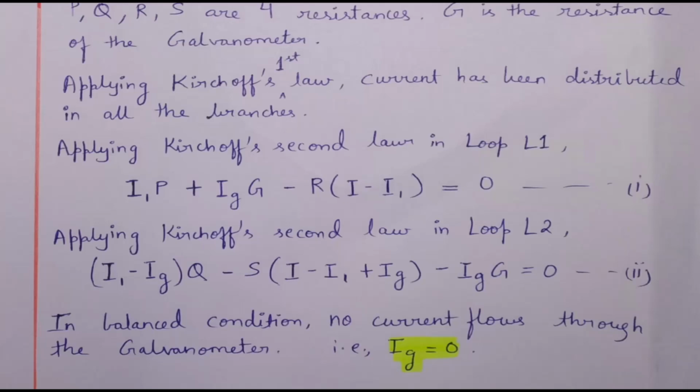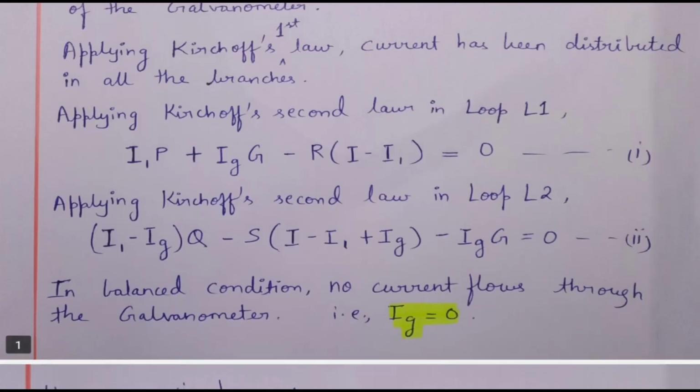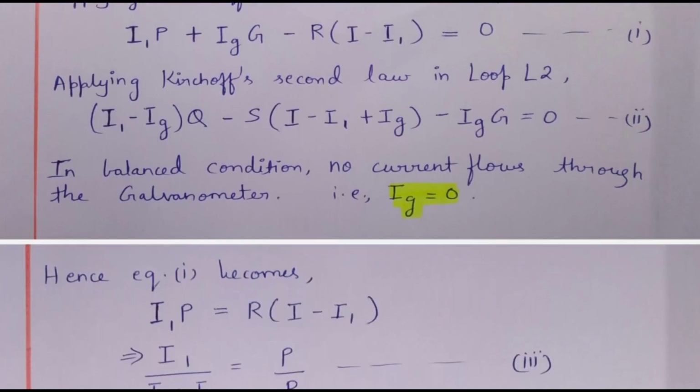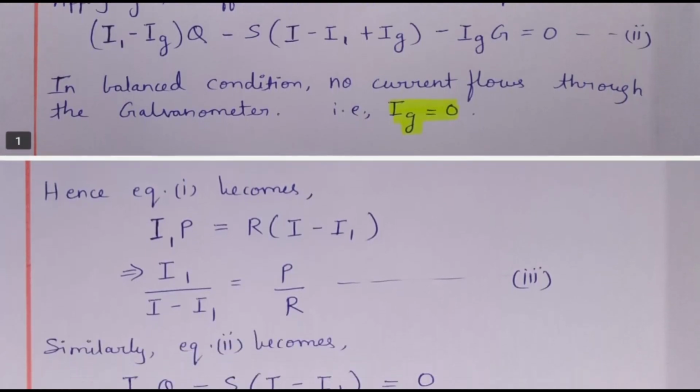If we put Ig is equal to 0 in equation 1, our equation 1 will become I1 P minus R (I minus I1) is equal to 0, which we can write like this, that is I1 P is equal to R times (I minus I1), and we can simplify this to be I1 by (I minus I1) is equal to P by R. Let us denote this with equation 3.